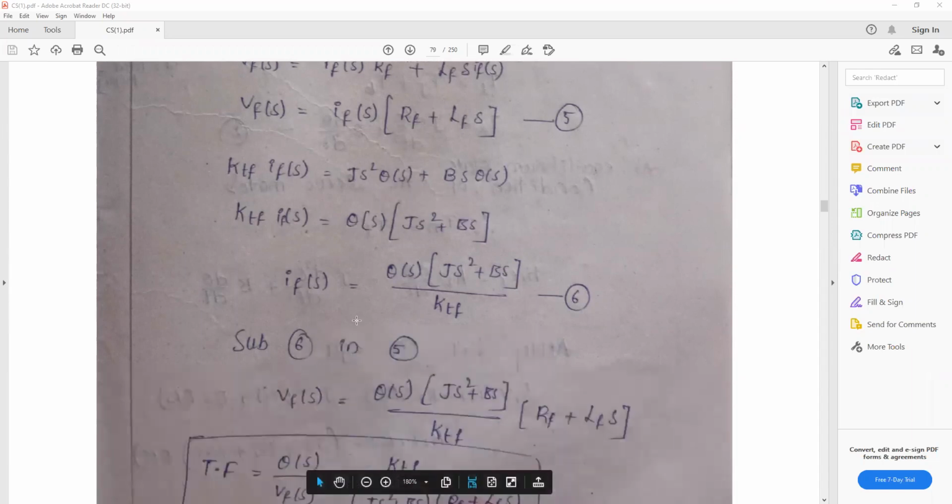So IF of S is equal to theta of S into Js square plus Bs by KTF.